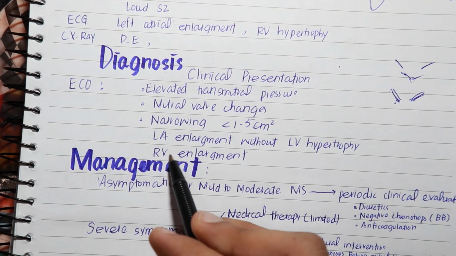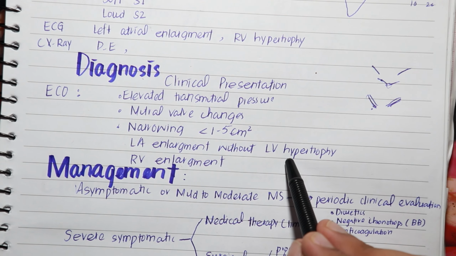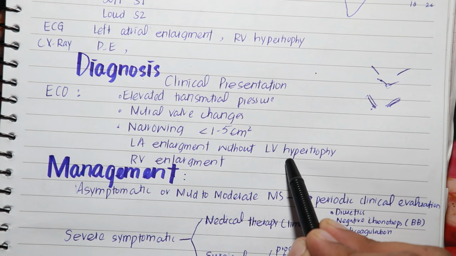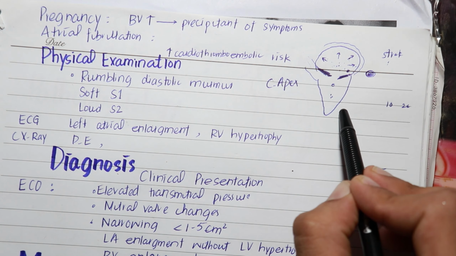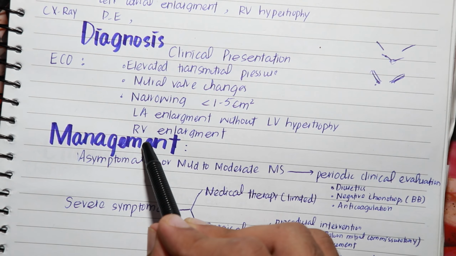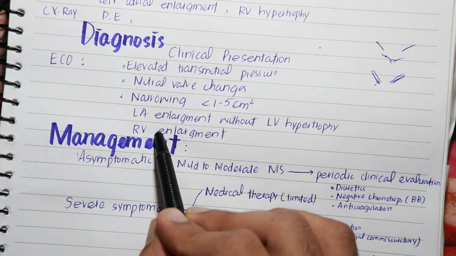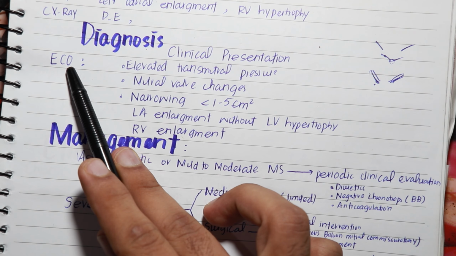You can also find left atrial enlargement here, but without left ventricular hypertrophy, because there is no blood volume overload or pressure on the left ventricle. So the left ventricle is normal, but the left atrium is enlarged, and right ventricular enlargement you can also find. So diagnosis is basically on the basis of echocardiography. It is the test of choice.